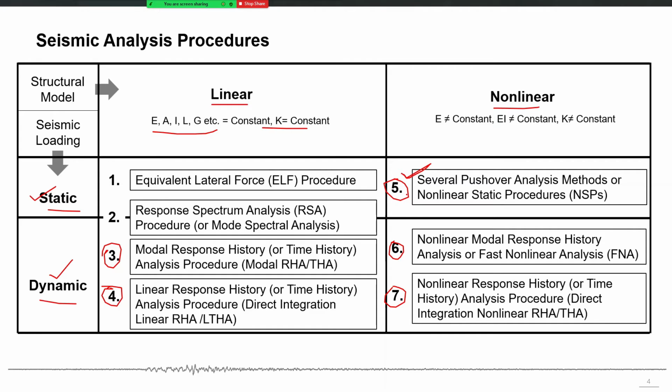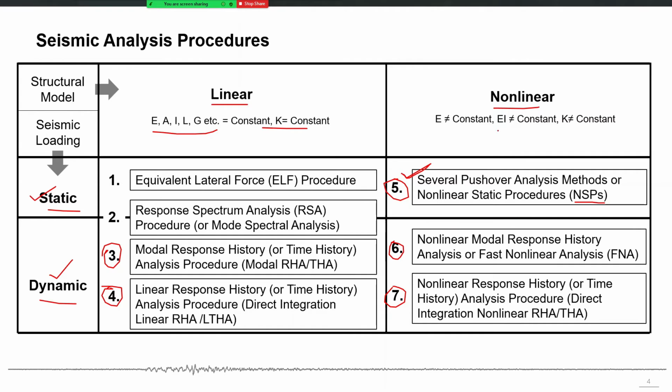So our topic for today will be method number 5, and as you can see here, this is not one method actually, it is a family of many methods, and they all have different variations based on different assumptions. So we will be covering some common methods in this family of pushover analysis procedures.